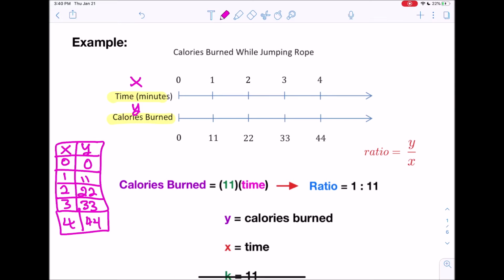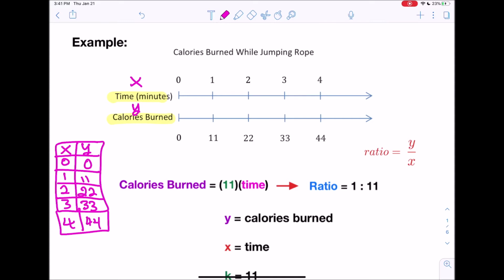A good way to remember this is to think of the alphabet. In the alphabet, x comes before y, right? W, X, Y, and Z. So x comes before y, and it will be your first number in your data table. So now we know what the x and the y are. Next we have to see, does it have a unit rate? Is there a ratio?